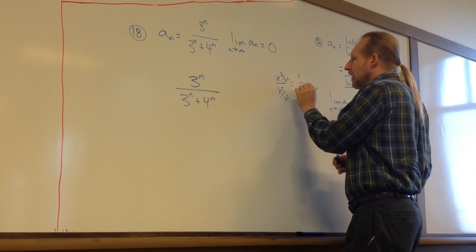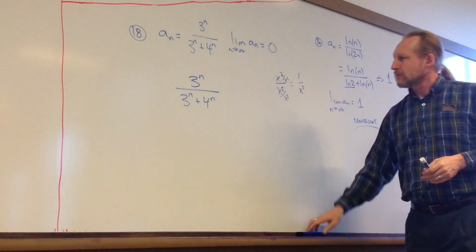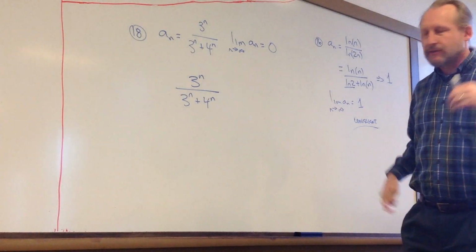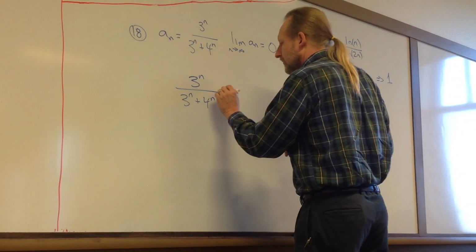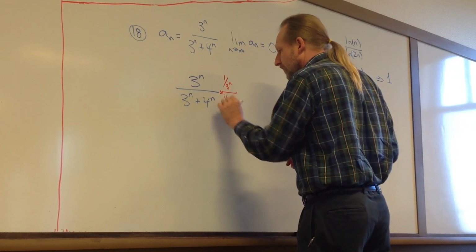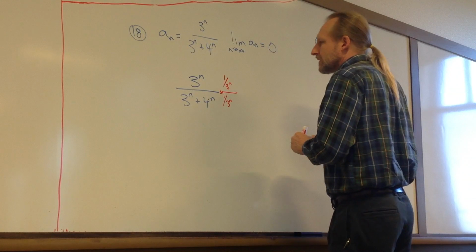And this will be 1, and this will be x cubed, and now it's obvious that this thing is going to go to 0. Okay, so let's do the same thing over here. Let's set it up correctly. We're going to multiply by 1 over 3 to the n over 1 over 3 to the n.